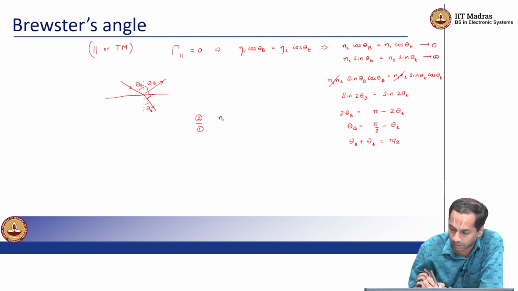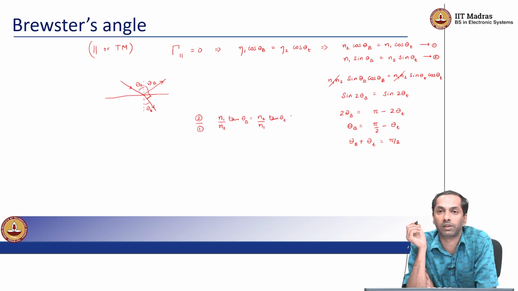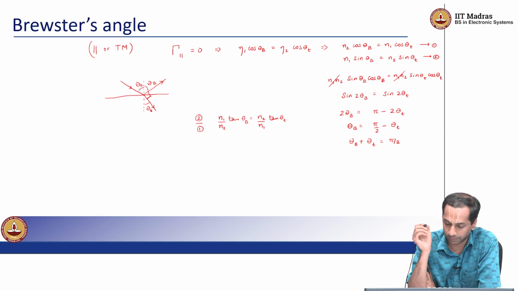I get n1 by n2 tan theta b is equal to n2 by n1 tan theta t. But we know something about theta t in terms of theta b: theta t is just 90 minus theta b.